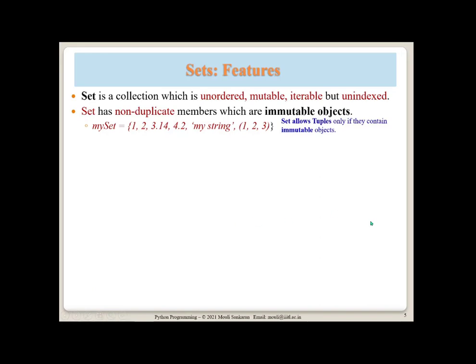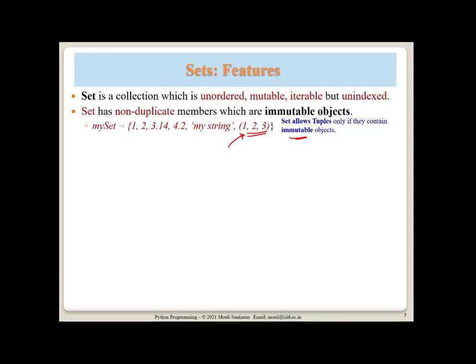So set allows tuples, but only if they contain immutable objects, because you saw that a tuple itself can have mutable objects also, but set allows a tuple only if it contains a sequence of immutable objects.